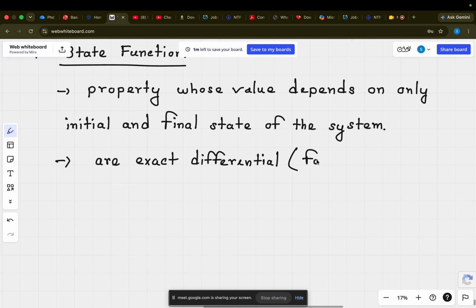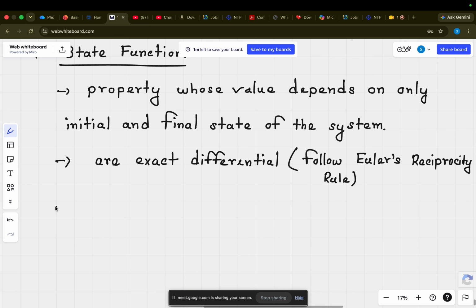Write down, follow Euler's reciprocity rule. Yesterday we have done this. I will show you Euler's reciprocity rule. So all the state functions are basically exact differentials.